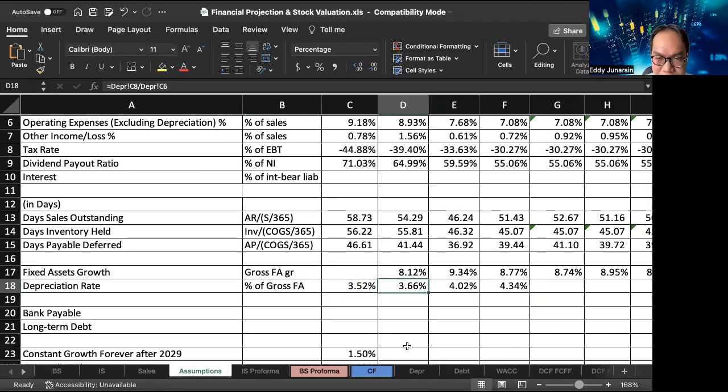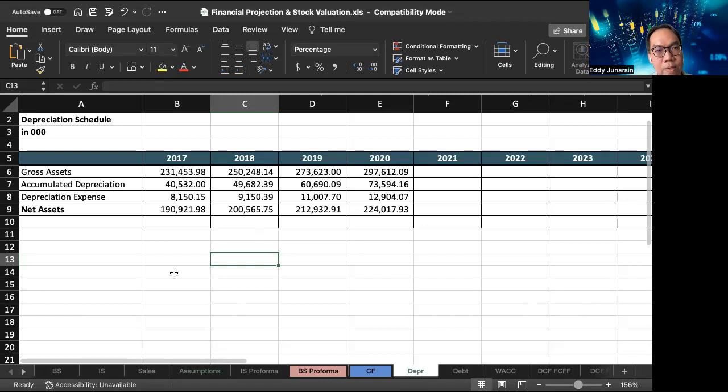In real life, once again, we have to determine the existing fixed assets that are ongoing. We bought them in 2012, 2014, 15, and so on, and they're still being depreciated even until today. Then we can find out the real depreciation expense for every year, and also for subsequent years.